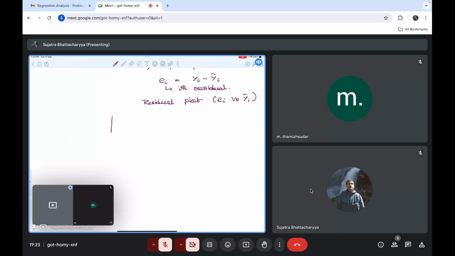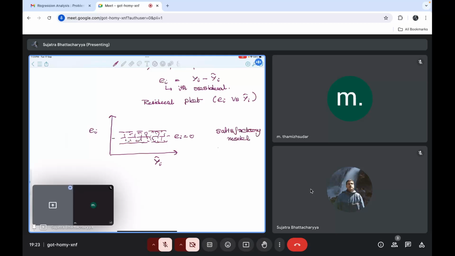So the first is that in the residual plot, if you remember, this is your y_i hat, this is your e_i, and this is e_i equal to 0. And if your observations are staying like this in a band, then it is said that it is a satisfactory model.